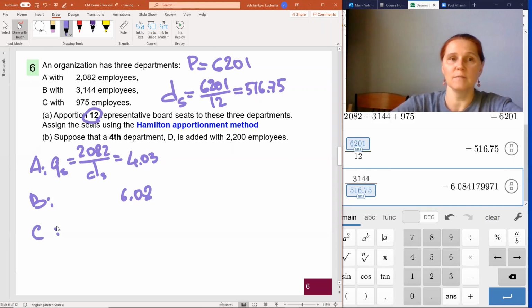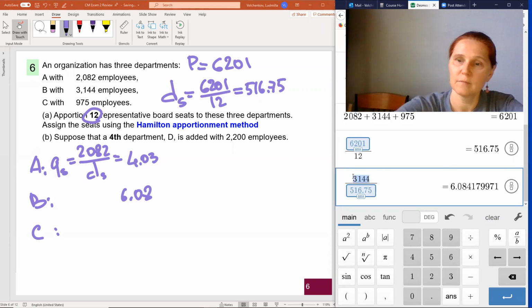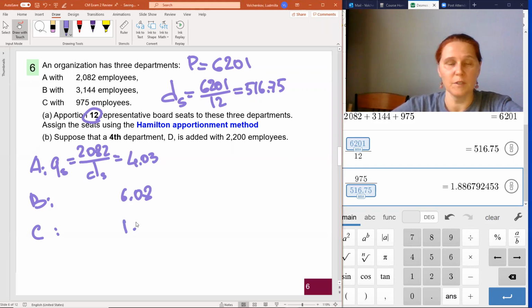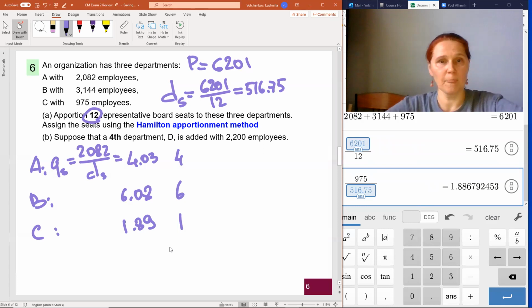And for C, the standard quota is 1.89. So first we assign the whole parts, or lower quota: 4, 6, and 1.